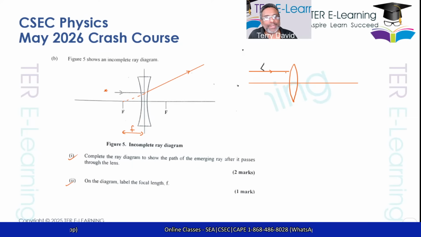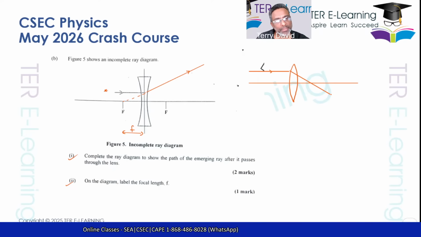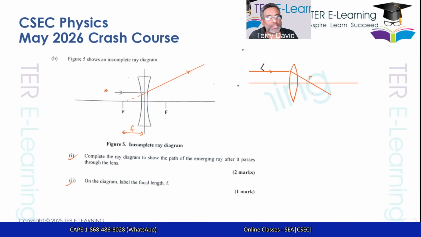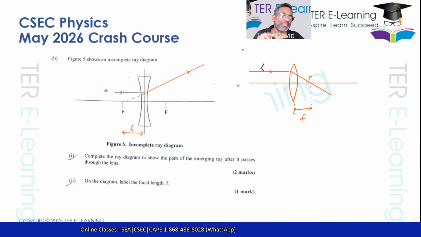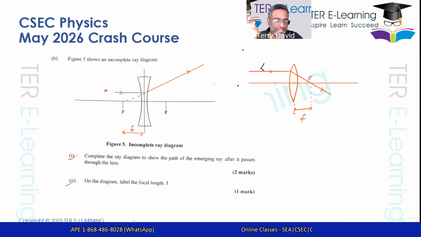That ray is going to converge, and it's going to pass through what we call the focal point of the lens or the principal focus. Again, if you want to define your focal length, it will be from here to here. That's your focal length. I've seen questions where CSEC asks us to define focal length using a convergent lens or divergent lens, so we need to know both of them.